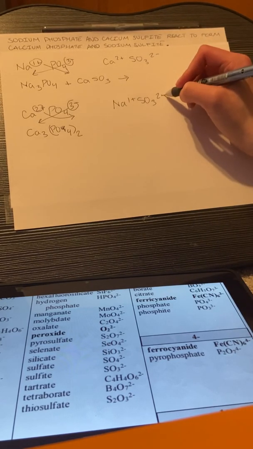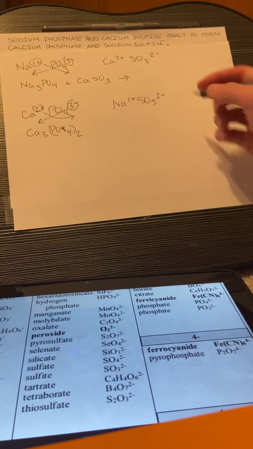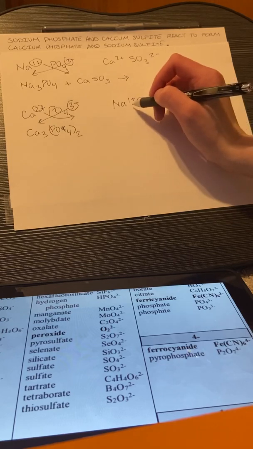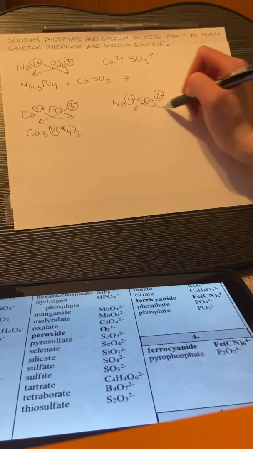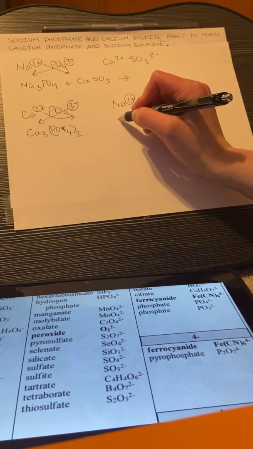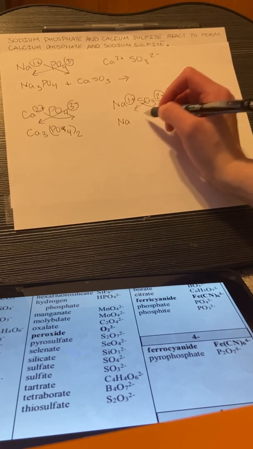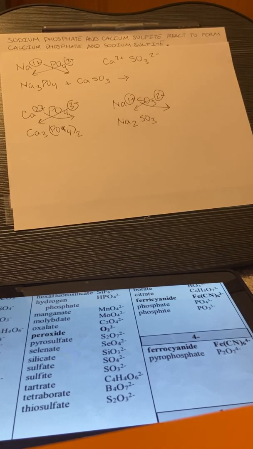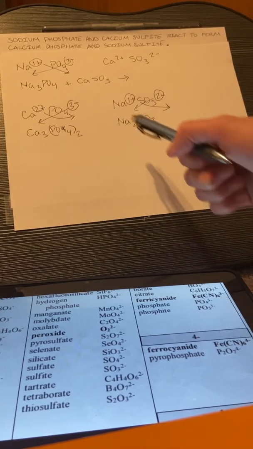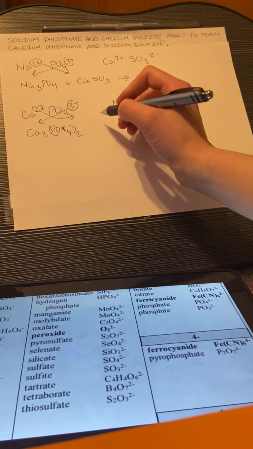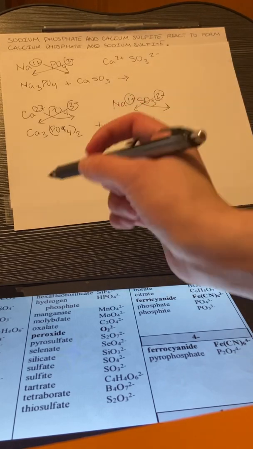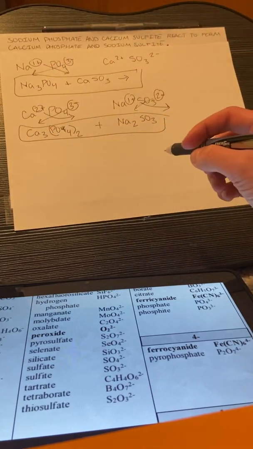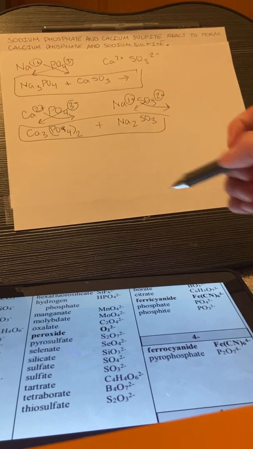So we're going to have to use our crisscross method to balance this out. 2 is going to go down here, 1 is going to go down here, but then again, we do not write the 1, so it's going to be Na2SO3. So those are going to be our products. So these are our reactants, and these are our products. So then we get our unbalanced equation.